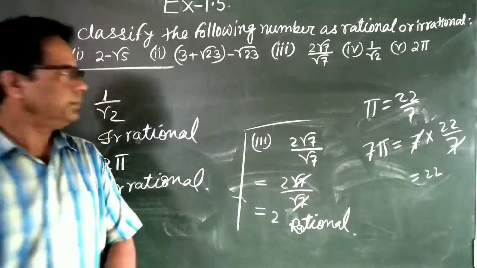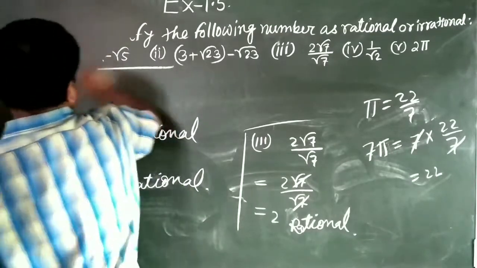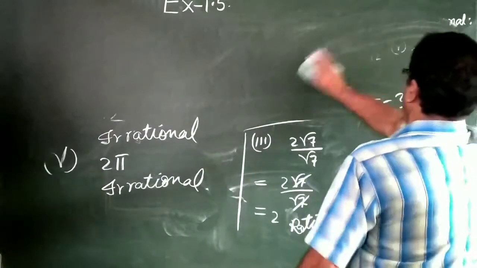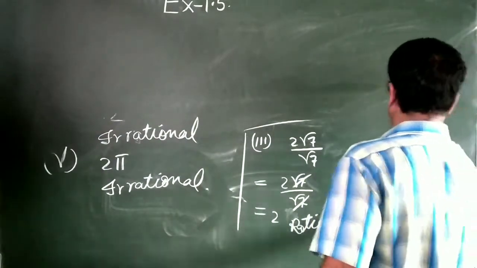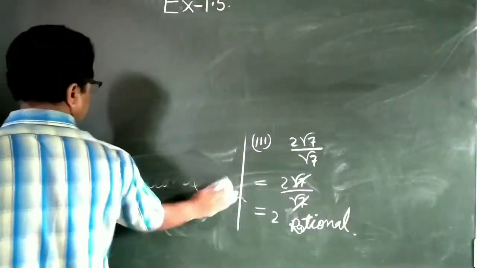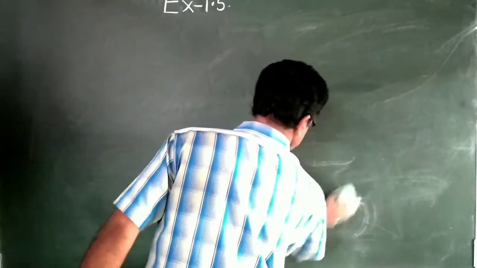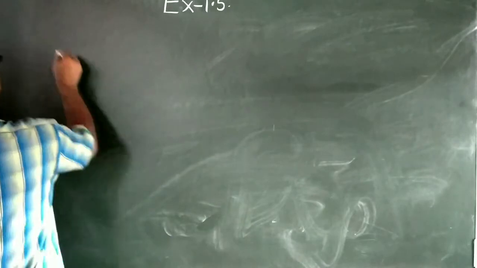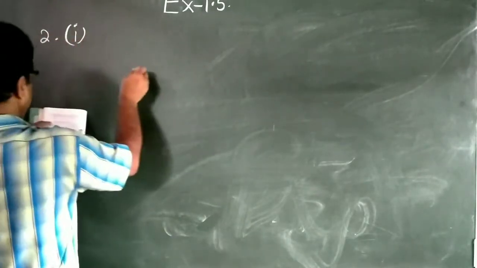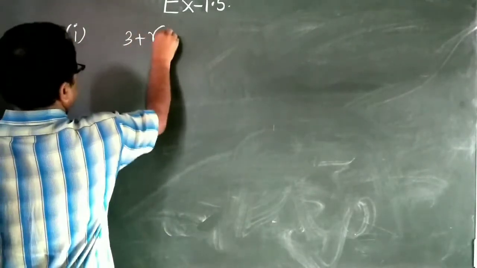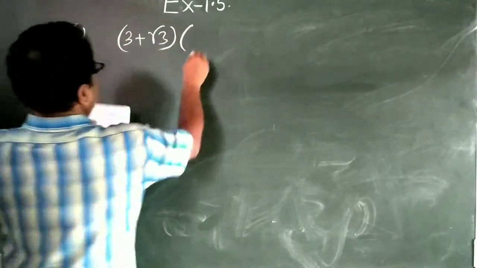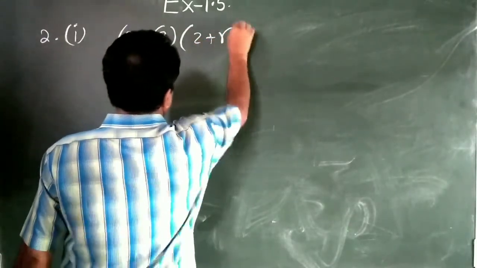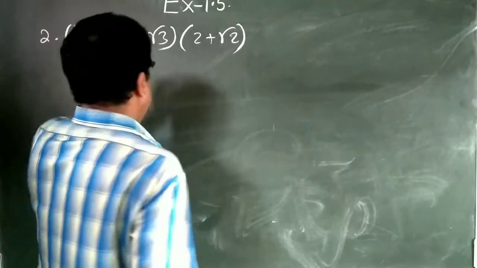Question number 2. Simplify the following expression: 3 plus root 3 into 2 plus root 2. So here is a product form.